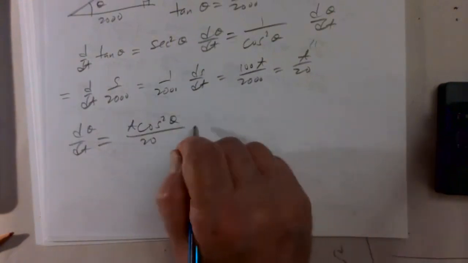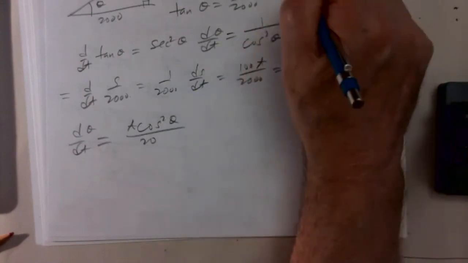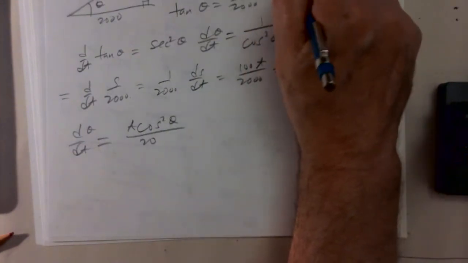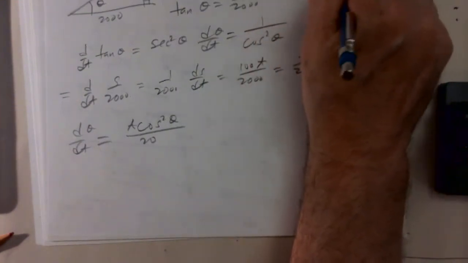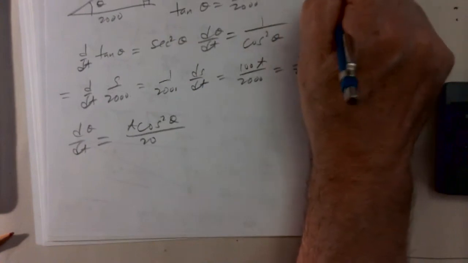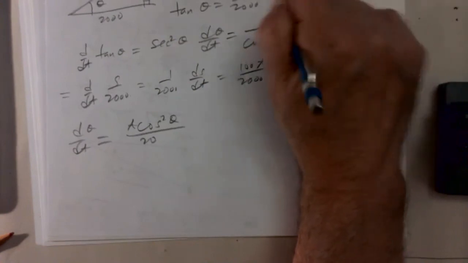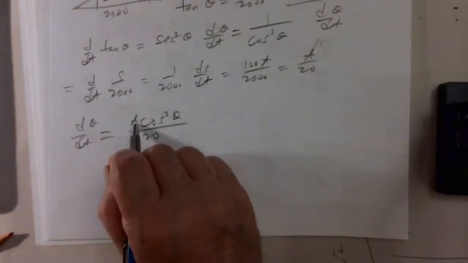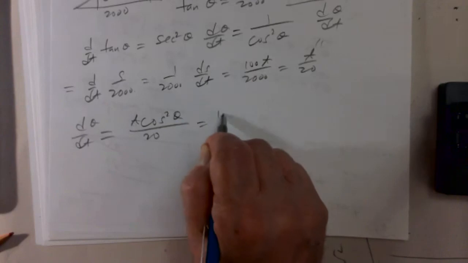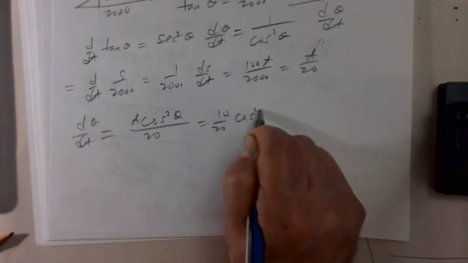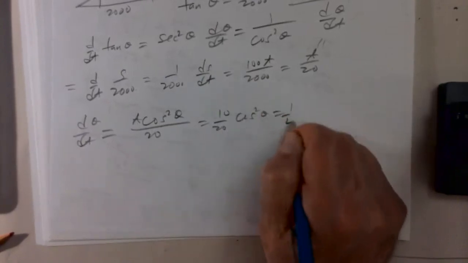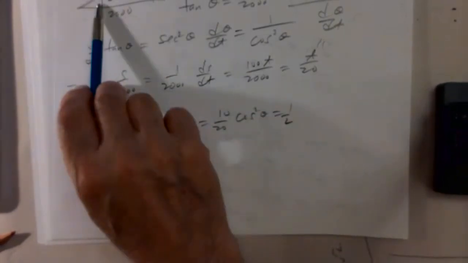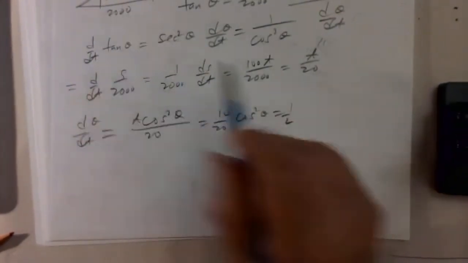And so we want to find d theta dt when t is equal to 10 seconds after launch. So when t equals 10, this is 10 over 20 cosine squared theta. That's a half. What is the cosine of theta?